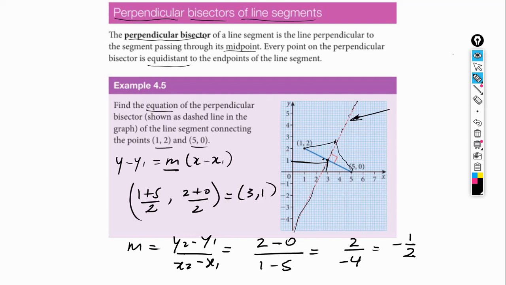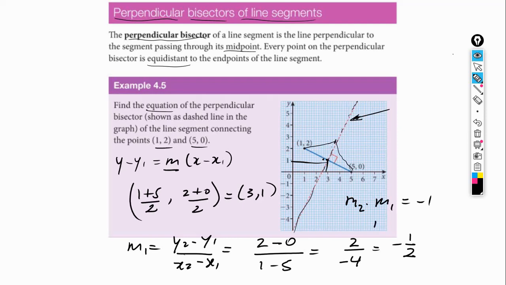But this is not the slope we need, because this is the slope of the line segment, like I said. But we know that when slopes are perpendicular, their multiplication has to equal -1. So let's call this m1. So we want to find m2. So m2, that would be the slope of the perpendicular bisector, times m1, the slope of the line segment, should equal -1 because they are perpendicular.